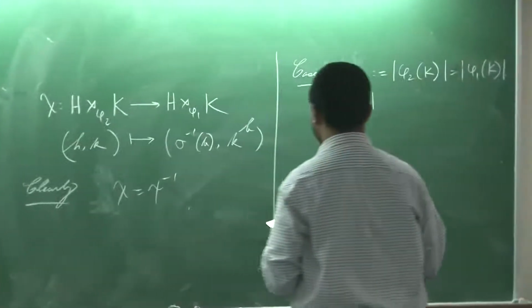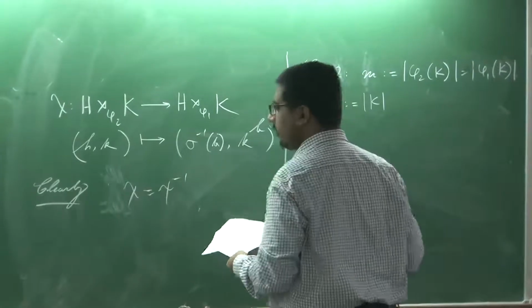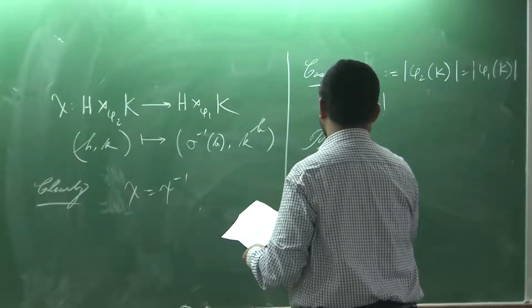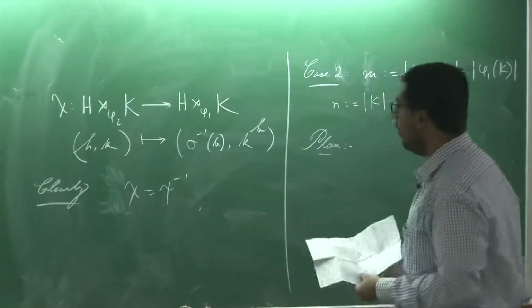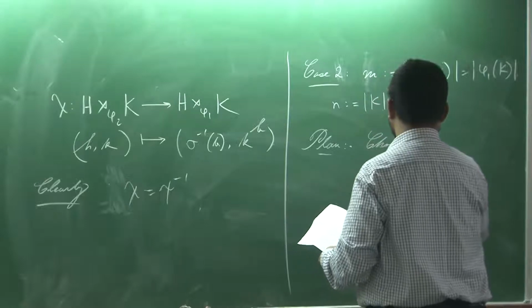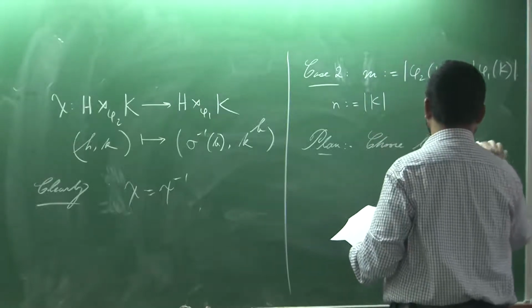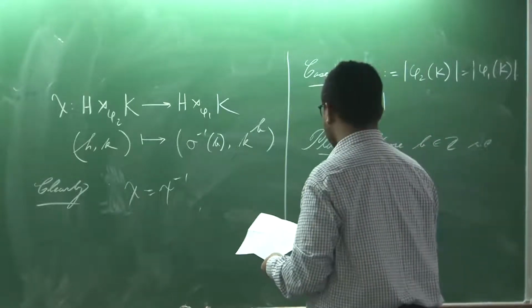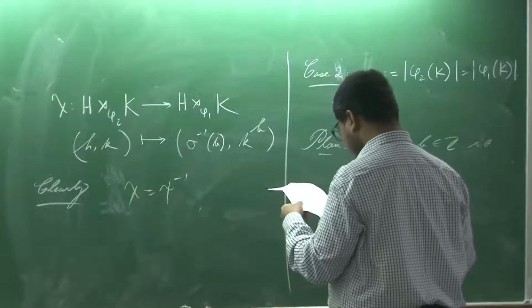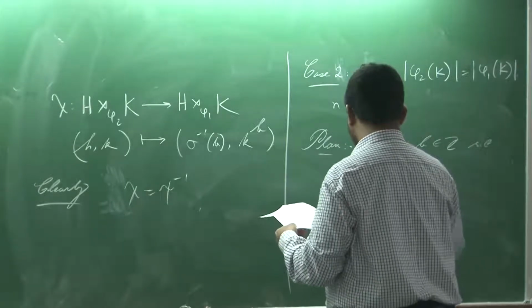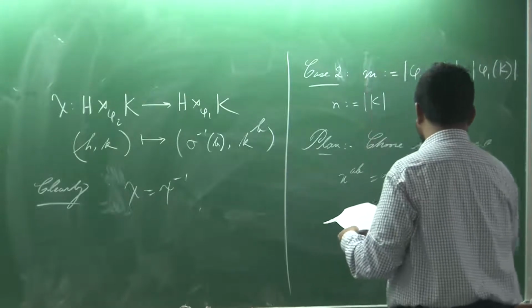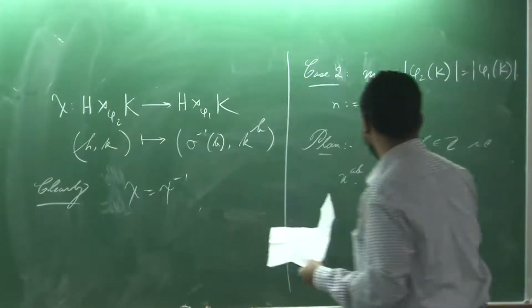So here also, our plan is to choose a b such that x to the power ab becomes x, where x is the generator of k.